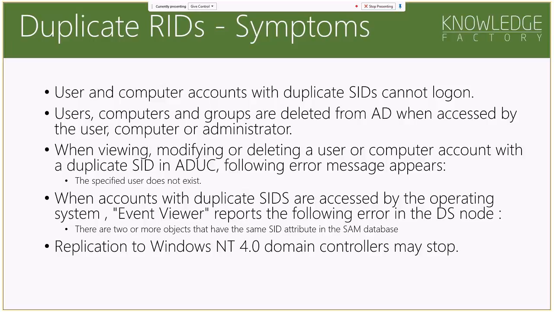The RID, if the one that holds the RID master role is offline and you seize the role to another computer, when it comes up, the old one would recognize there's been a change in the USN number.